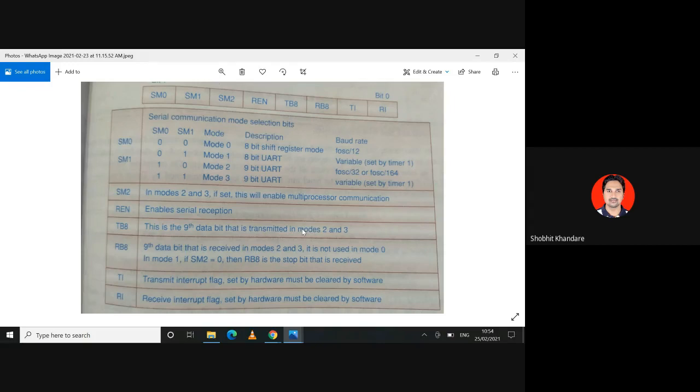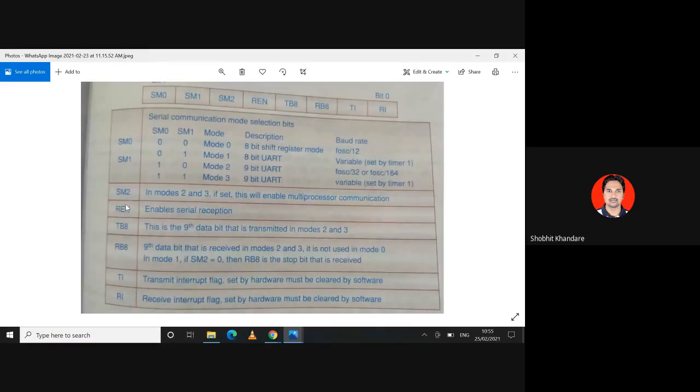REN, enable serial reception। मेरा 8051 अगर RxD पिन से रिसीव कर रहा है, तो ये REN बिट, that should be 1। अगर ये REN बिट मेरा 0 है, तो मेरा 8051 ट्रांसमिट कर रहा है थ्रू TxD। सो दिस इज सिंपल। When REN is equal to 1, 8051 is busy in receiving the serial data through RxD pin.